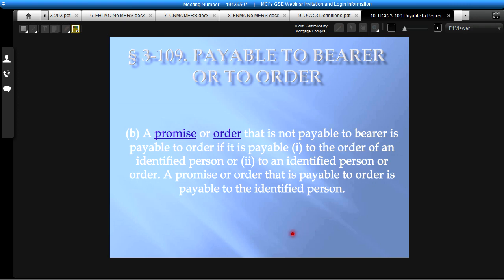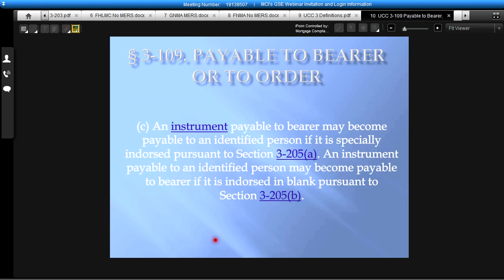Okay, let's go to C. An instrument payable to bearer may become payable to an identified person if it is specially endorsed pursuant to 3205A.